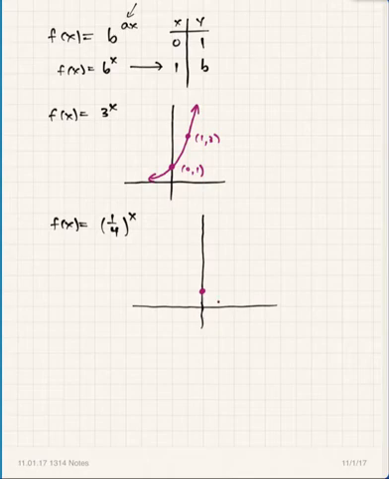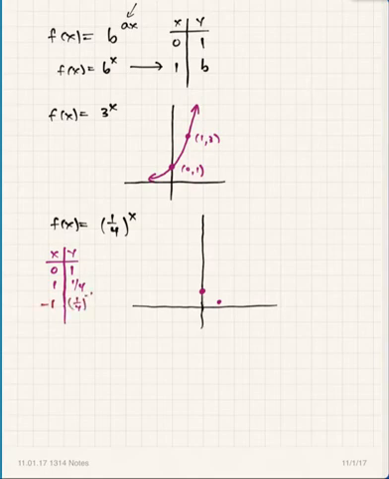Now, notice that this point is actually lower down than that point 0, 1. If we make our little table off to the side, you get the point 0, 1, you get the point 1, 1/4. Notice with negative 1, you get 1/4 to the negative 1, which is 4. Remember that negative 1 as an exponent flips it.